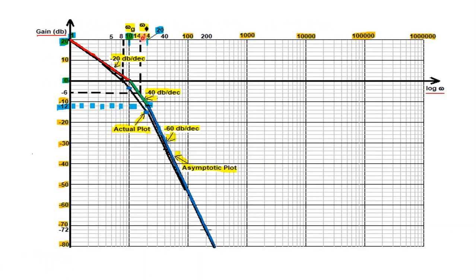So at 14.14, so I know this is 10, 20, therefore what is 14.14 we have to approximate. At 14.14 it is minus 6 dB.